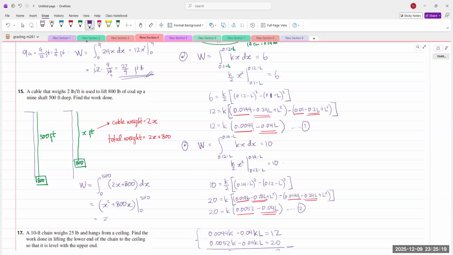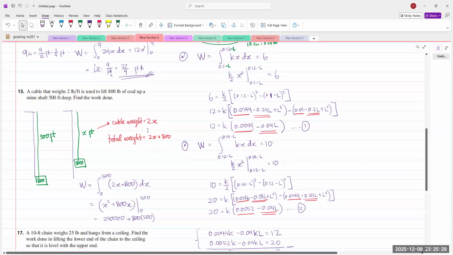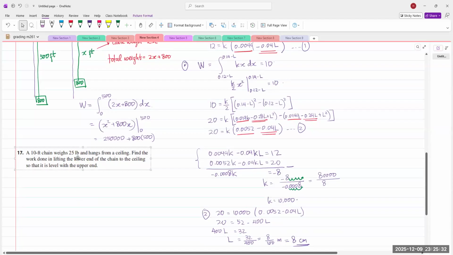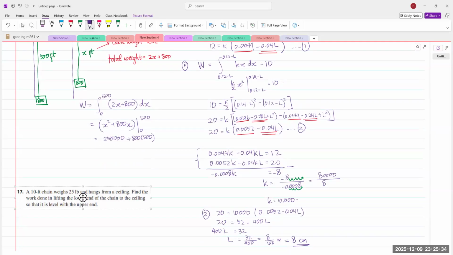This will be 25 with 4 zeros plus 800 times 500. That's 250,000 plus 400,000, which is 650,000 foot-pounds. That's a lot of work, huh?